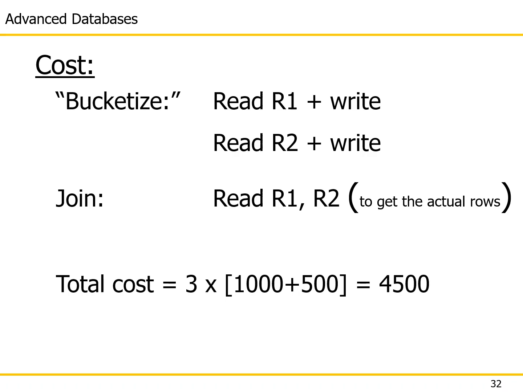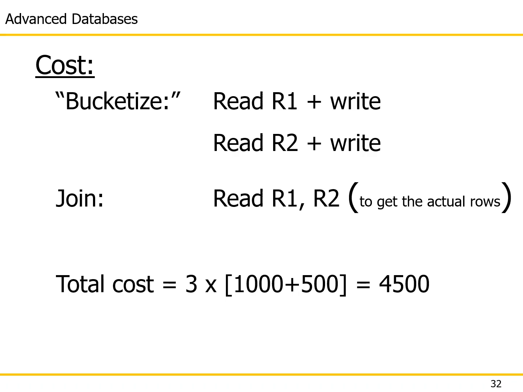So after the second line, what we have done is we've read all of R1 and R2, we've created the hash tables, and we've put the hash table buckets back on disk. Now, we didn't do the matching yet. So we're going to load those buckets and match each corresponding bucket.